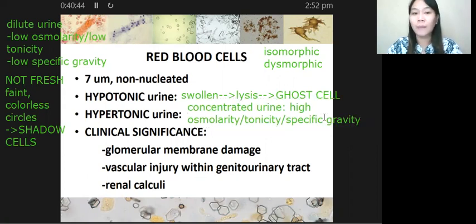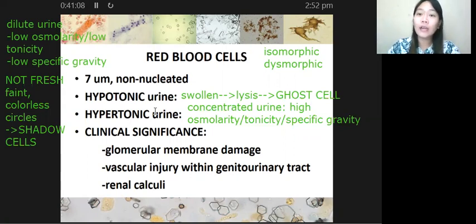Okay? So what is the appearance of your red blood cells? So again, for hypertonic urine, the appearance of your red blood cells is that they will appear as crenated or shrunken. Okay, so I repeat, your cells will appear as crenated or shrunken. So that means our RBCs are smaller than normal.